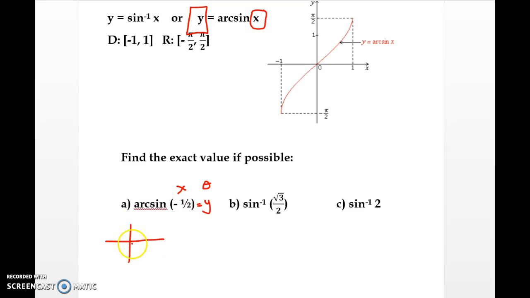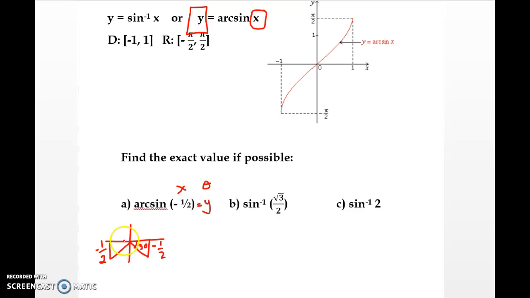Sine negative is going to be down here or down here. And if my y, which is sine, is just y, so my y length is 1/2. So this has to be 30 degrees because 30 degrees is across from 1/2.